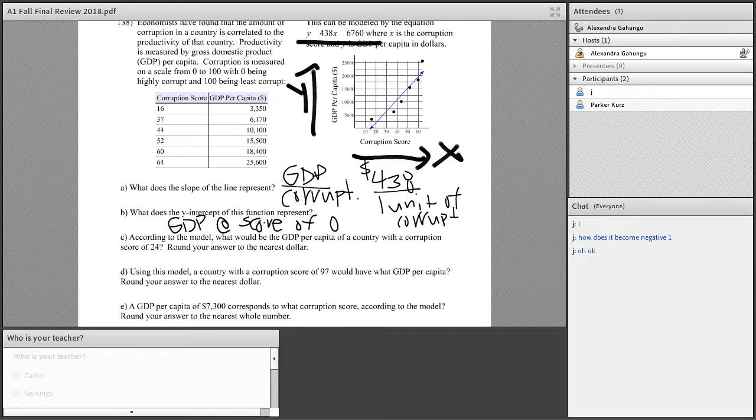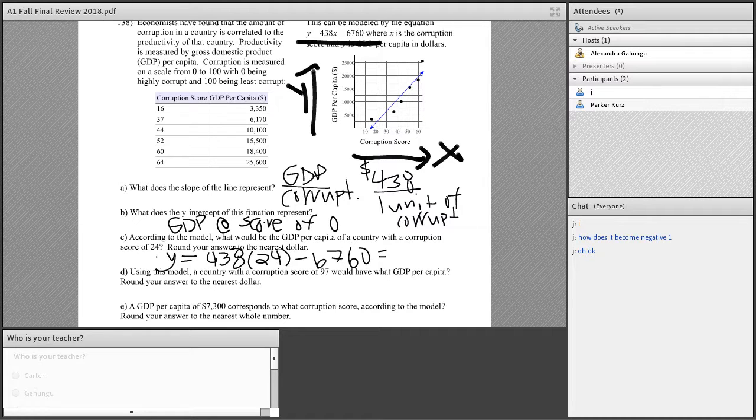So we just plug it in. So we'll take y equals 438 times 24, because x is our corruption score, then minus 6,760. So let's figure that out.